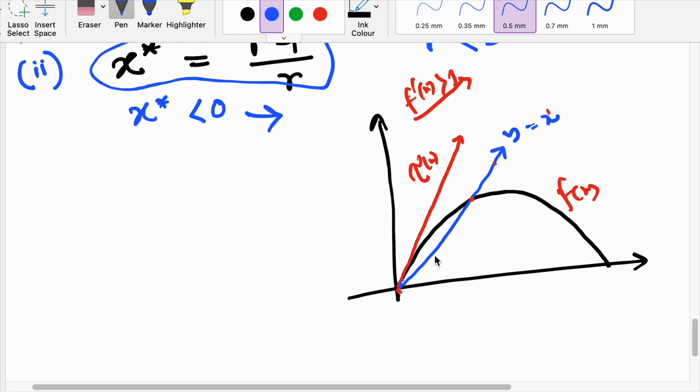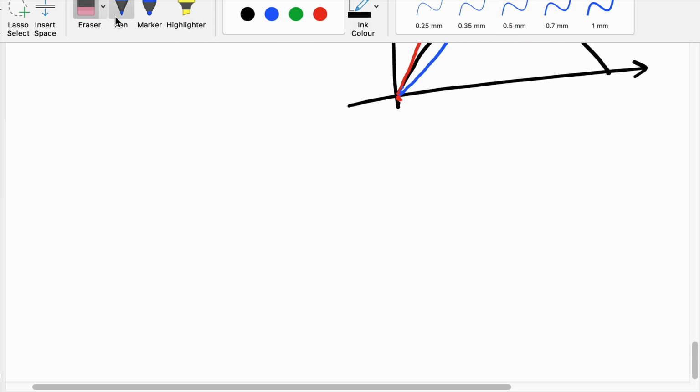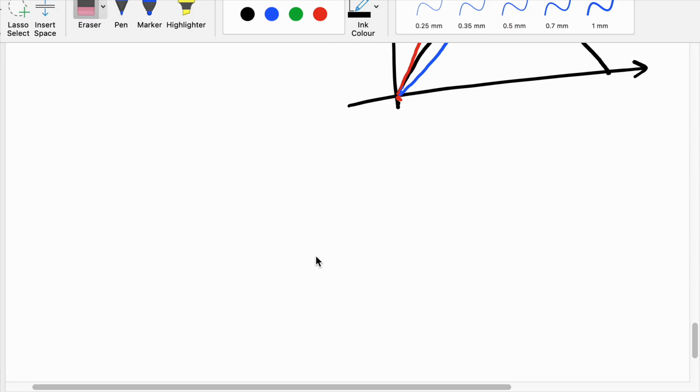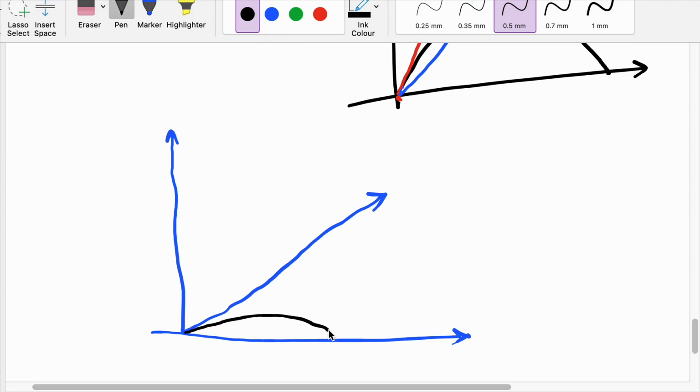Now think about this case. Now think about this f(x).